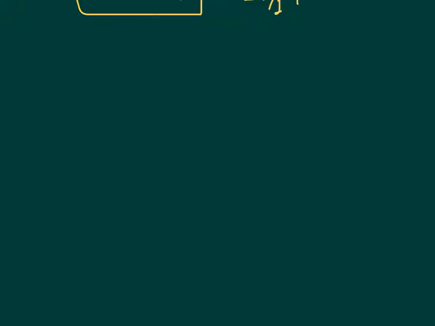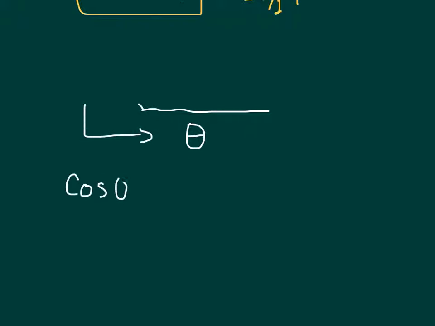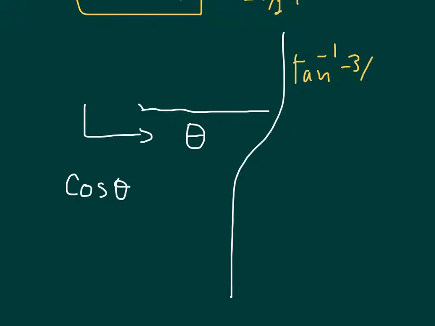Part D. I want you to call this inside the parentheses a theta because it's an inverse, and the question becomes, what's cosine of theta? I'm going to go to the side of my paper here and figure out when tan inverse of negative 3 over 4 equals theta, that means tangent of theta is equal to negative 3/4.